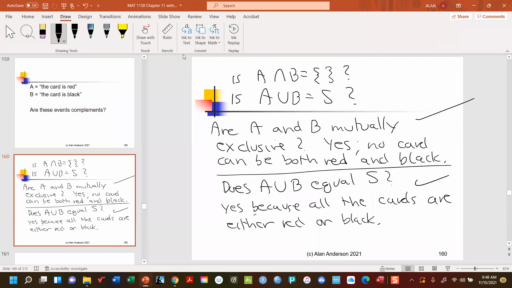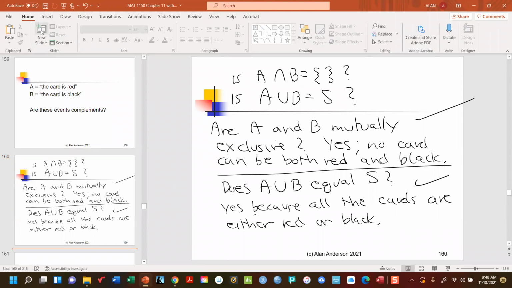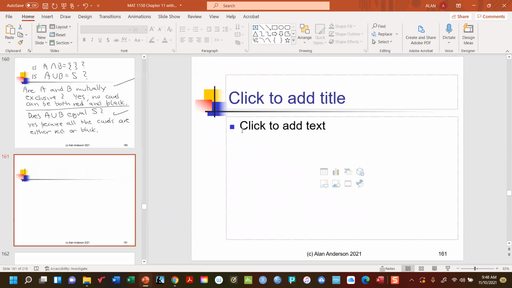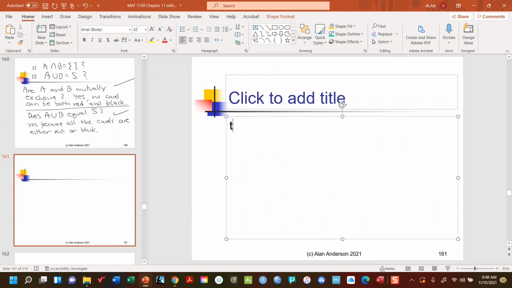So our logical conclusion from all of this is that the two events A and B are complements of each other. In other words, this proves that A and B are complements. All right, so the red and the black cards are complements.